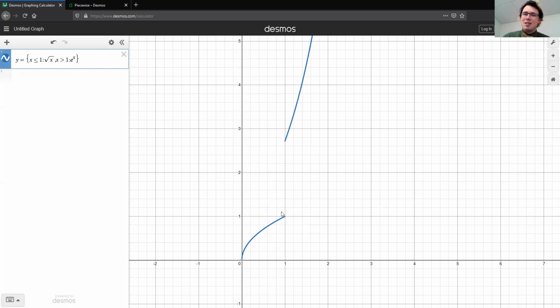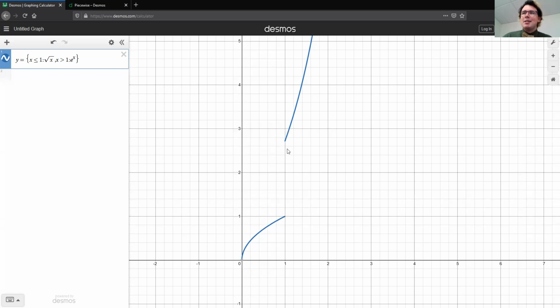So it looks like there's a limit there. But if I come in from the right, this time my coordinates are getting closer and closer to something else. It looks like they're getting closer to 1, e, right? E is 2.7 and change.